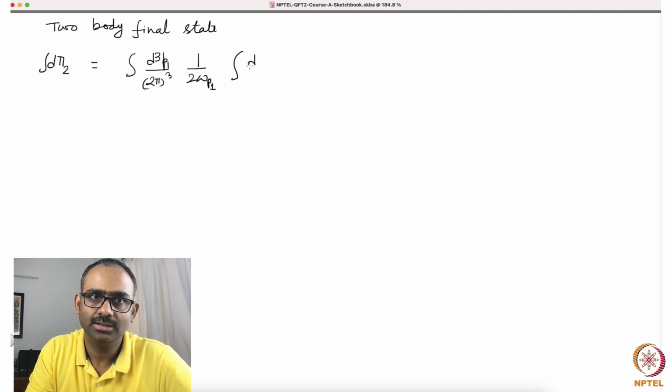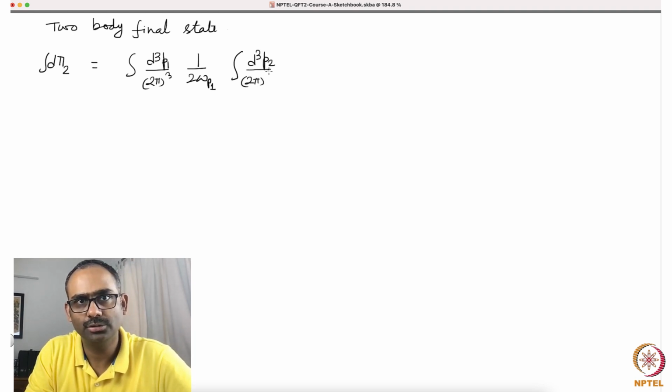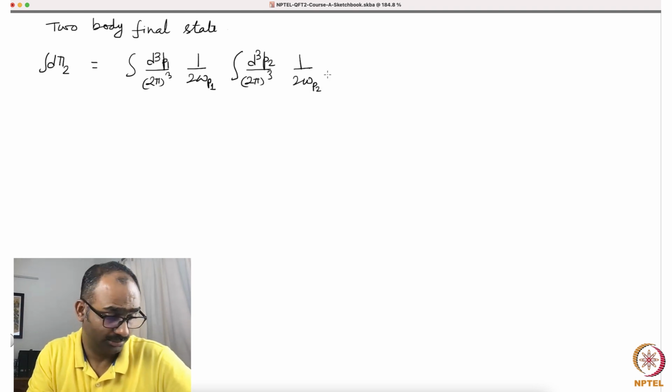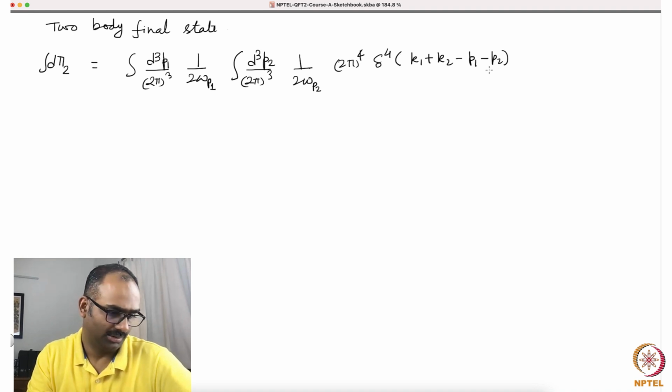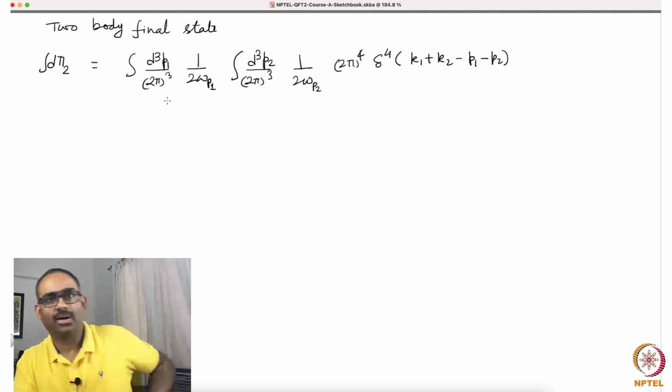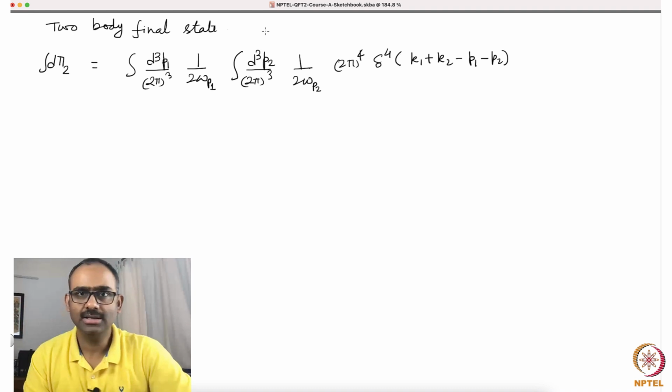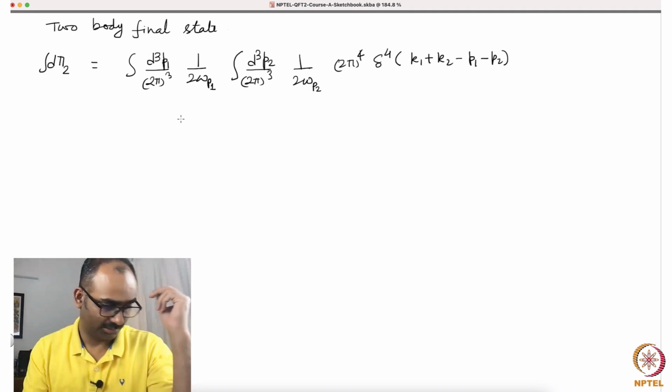Then integral d cube p2 over 2 pi cube, 1 over 2 omega p2, and then our energy momentum conserving delta function of k1 plus k2 minus p1 minus p2. Now this object is Lorentz invariant, as I have said earlier also.